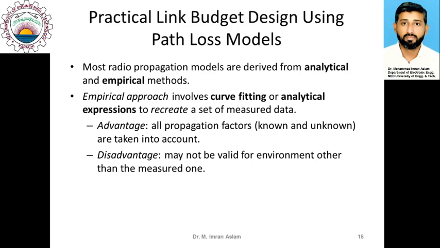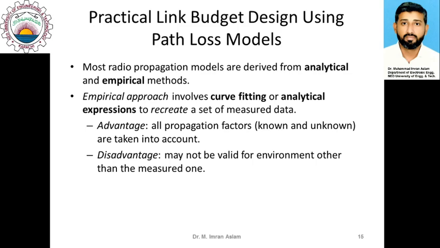Generally for this empirical approach we need to make lots of measurements, like hundreds of measurements are required to accurately model an environment. The good thing about this empirical modeling is that all the propagation factors are included because we are working on the actual measurements. So no matter how many different propagation factors are there, they are already included in those measurements.